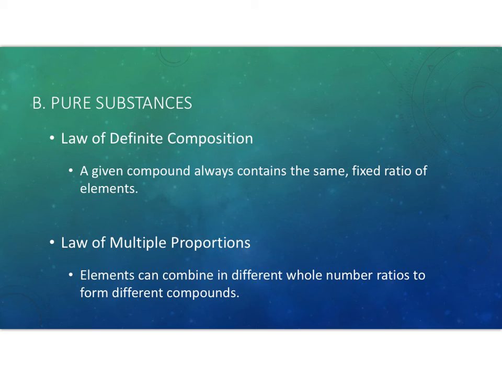To elaborate a little bit on pure substances, I want you to copy down the following laws. The law of definite composition. Composition meaning what something is made up of. The law of definite composition says that a given compound, remember compound, 2 or more different elements chemically combined, a given compound always contains the same fixed ratio of elements. So a given compound, let's say methane, the chemical formula for methane is CH4.